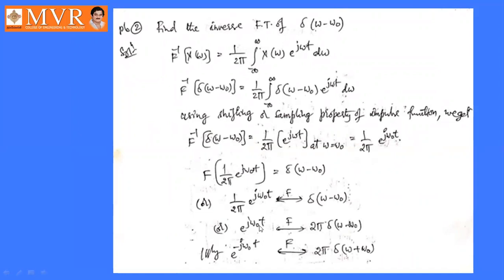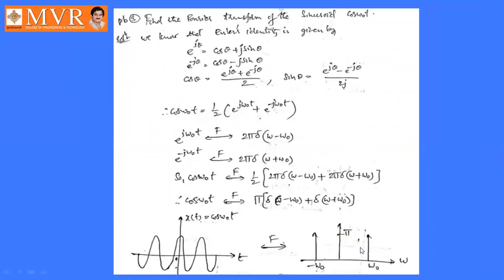Similarly, the Fourier transform of e power minus j omega naught t is 2 pi into delta of omega plus omega naught. After that, Euler's identity. By using Euler's identity, we write e power j theta as cos theta plus j sin theta, and e power minus j theta is cos theta minus j sin theta. By adding these two, we get the expression for cos theta, that is e power j theta plus e power minus j theta by 2.